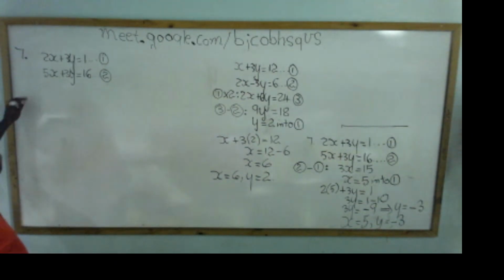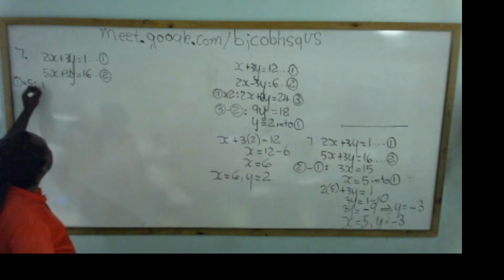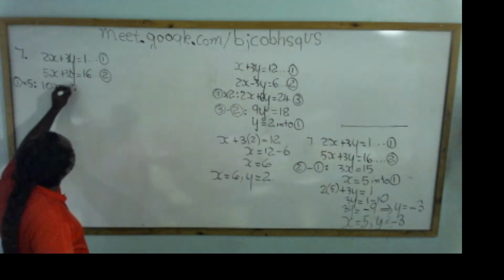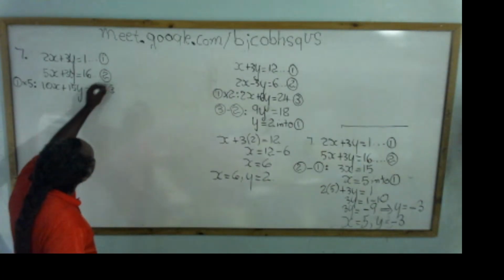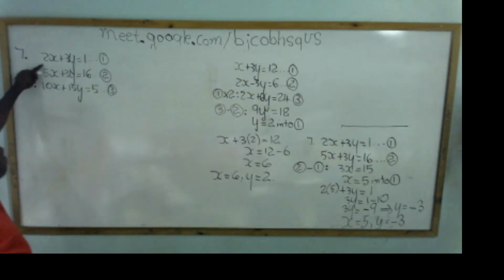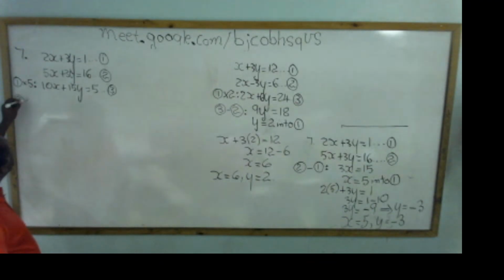So what do we say? Equation 1 multiplied by 5 instead, taking the number from here. Multiply that equation: 10x plus 15y is equal to 5, and that is equation 3. So we're multiplying this one by 5. Then we take equation 2 and multiply by 2 again.